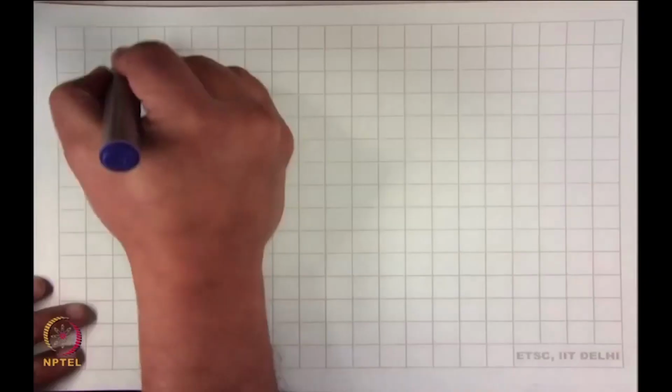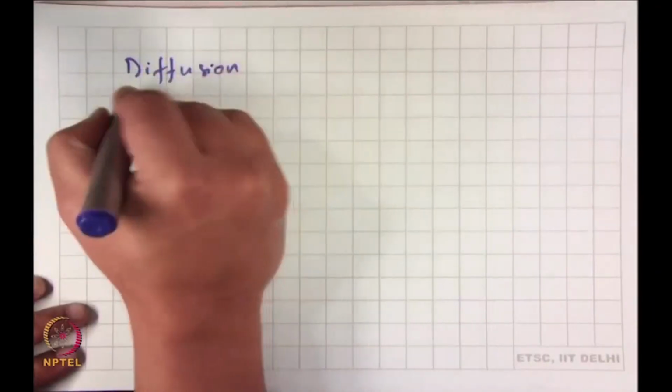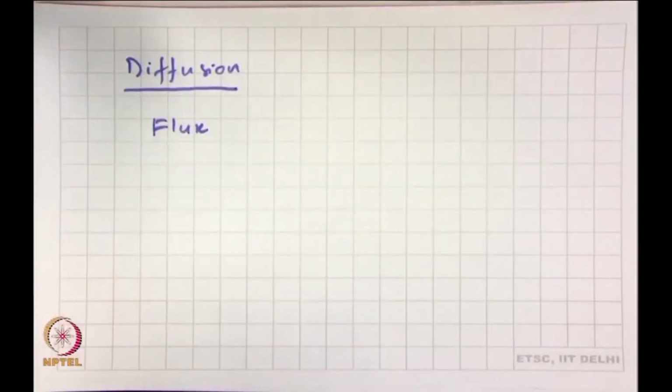So, we will start with diffusion, and what we will try to understand is a term known as flux. Okay.